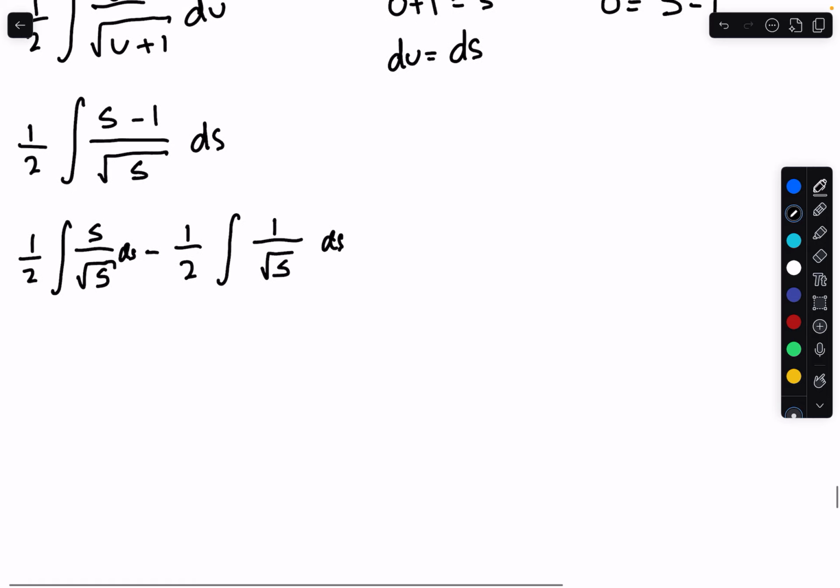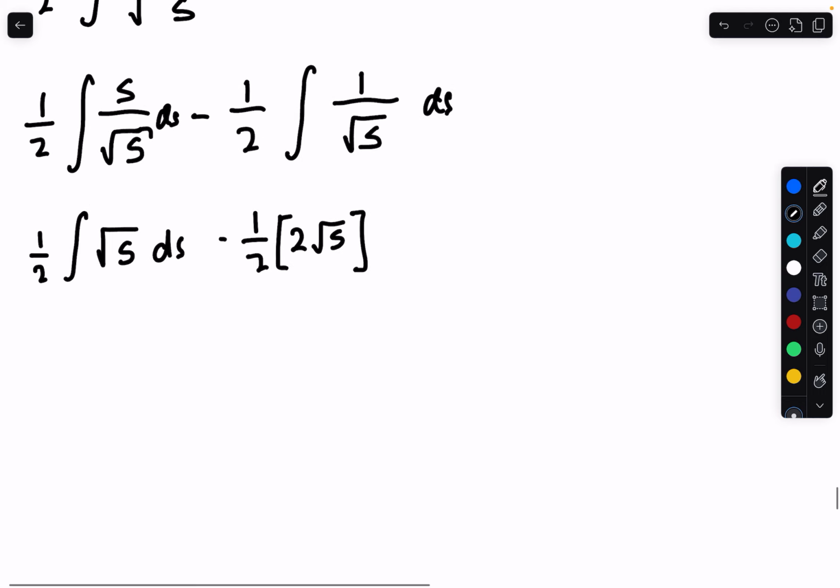So s divided by the square root of s is just the same thing as the square root of s. And the integral of 1 over the square root of s is just 2 square root of s.